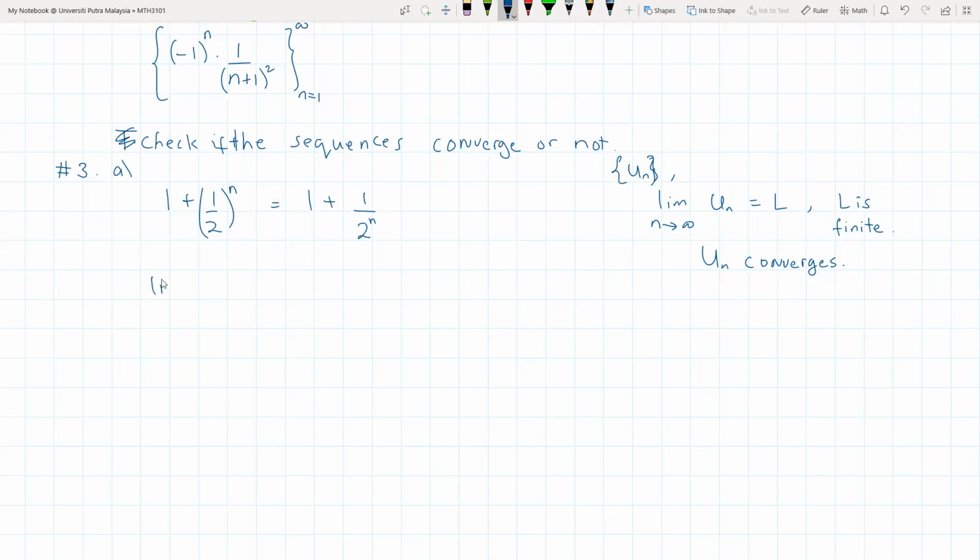So if you take the limit as n goes to positive infinity, 1 plus 1 over 2 to the power of n is equal to 1. Okay, so the sequence converges.